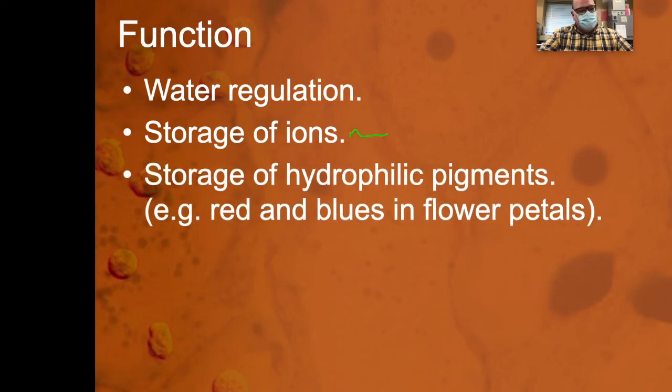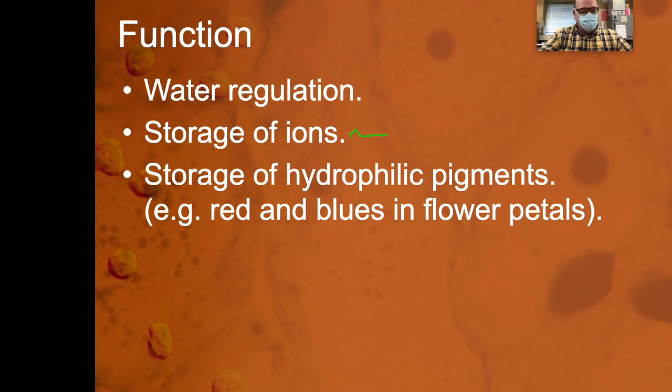Now, we also see, this is kind of getting into what I call level 3 knowledge. And I'm not as much of a plant guy as I am a human guy when it comes to examples, but there are pigments that are hydrophilic that end up inside of these vacuoles. So if you have red and blue flower petals, that's where they would show up.